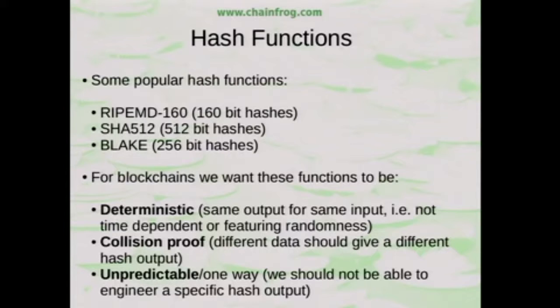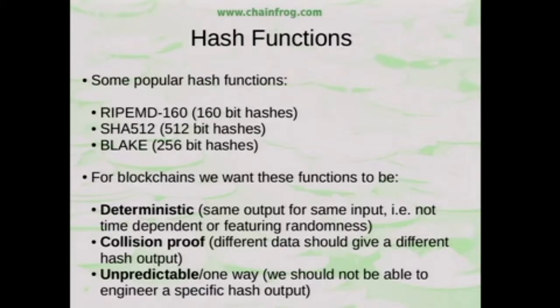Popular hash functions include RIPEMD-160, which returns 160 bits, and SHA-512, which returns 512. One I was playing around with a few weeks ago is Blake. There are also 256-bit hashes. For blockchains, we want these hash functions to have some very specific properties. We want them to be deterministic, so you don't want the output to change over time. The really important one is collision-proof.